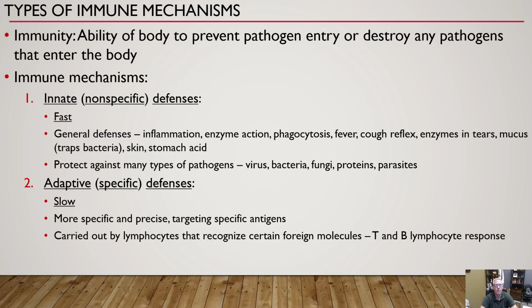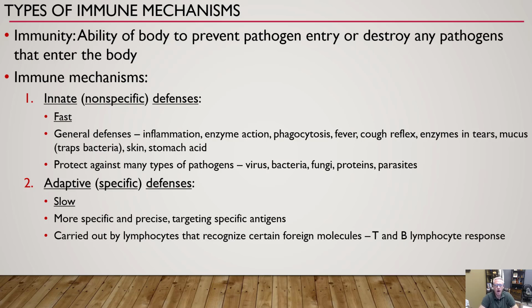So general defenses: inflammation, phagocytosis, a fever, a cough, enzymes in tears, mucus. We'll talk about these, but these innate defenses are going to help protect us against a lot of different types of pathogens, different proteins or viruses or bacteria, fungi, parasites.